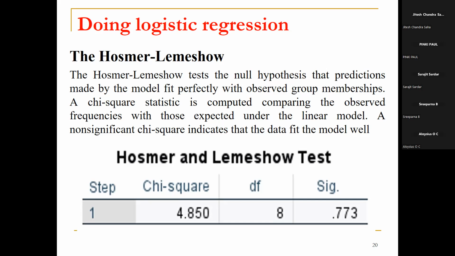That means the null hypothesis is accepted here. By adding independent variables, the prediction we are getting fits perfectly with the actual membership values.